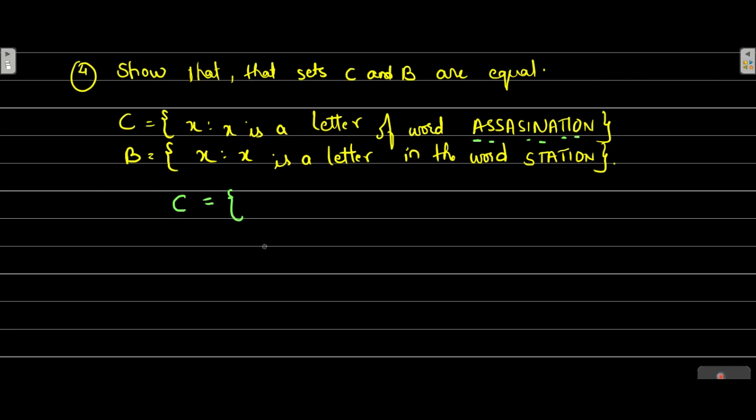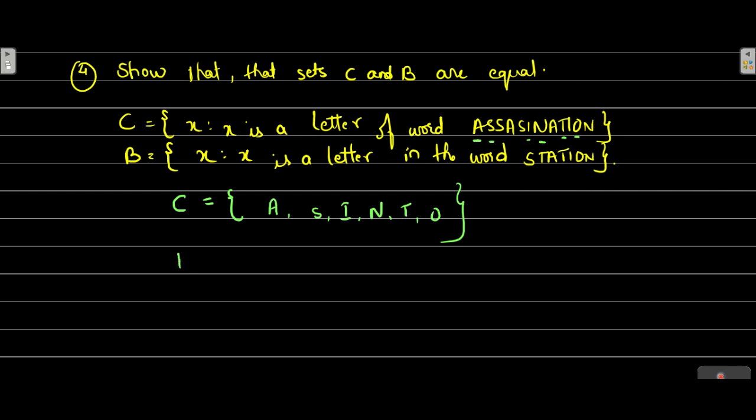So the elements are A, S, I, N, T, O, and we cannot take N again because it is already taken. No element can be repeated. So how many elements do we have here? 1, 2, 3, 4, 5, 6.